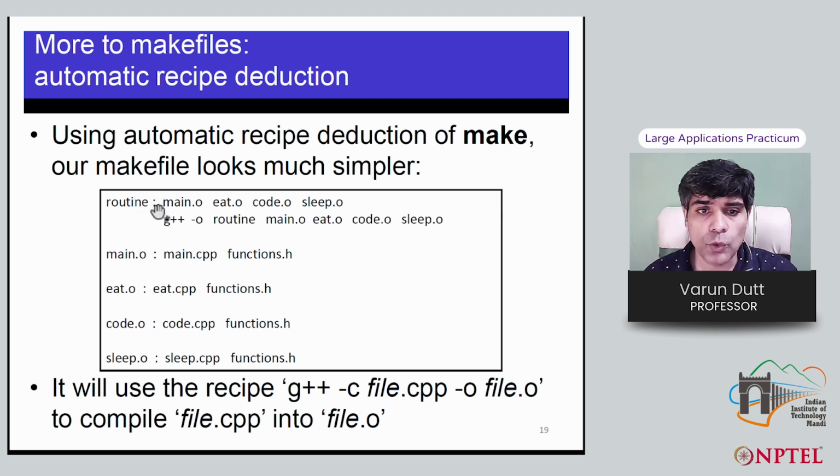We have the routine, and we have the .o prerequisites in the first statement, but now you can see that every prerequisite which has its own rule has only the target and the prerequisite, but does not contain any recipe. That is because of the automatic recipe deduction. Make will automatically compile the CPP and C files into .o files without writing recipe statements for them.